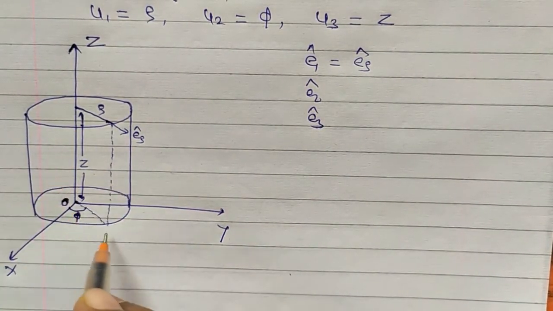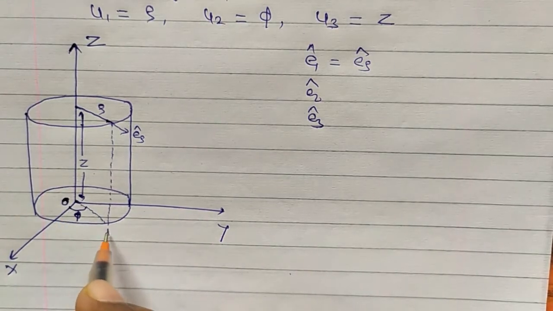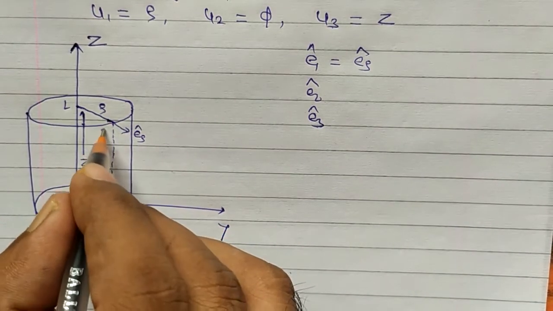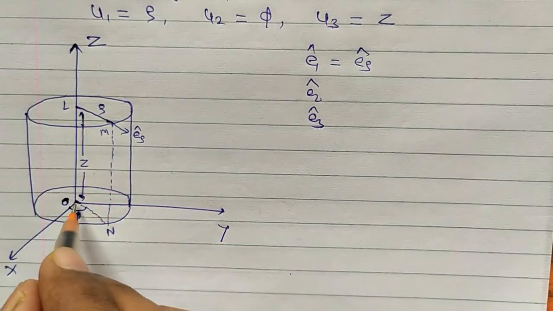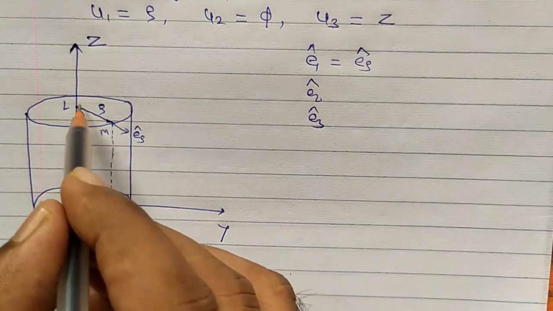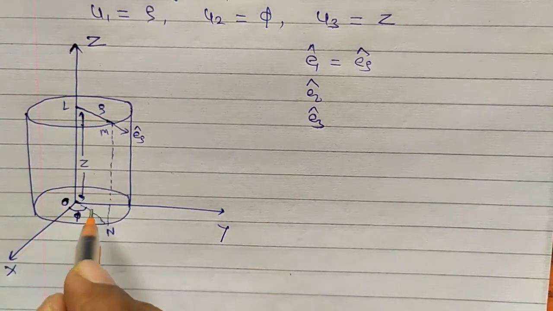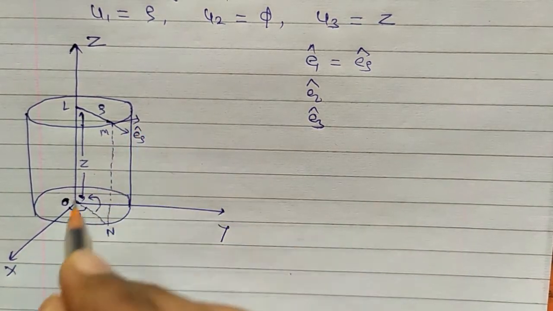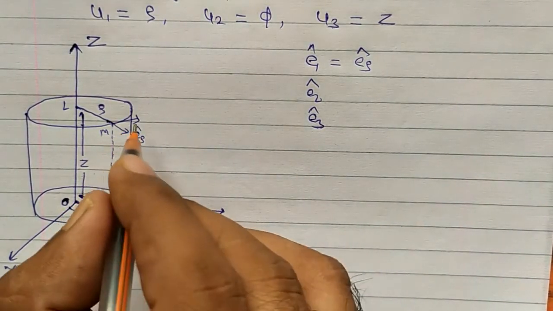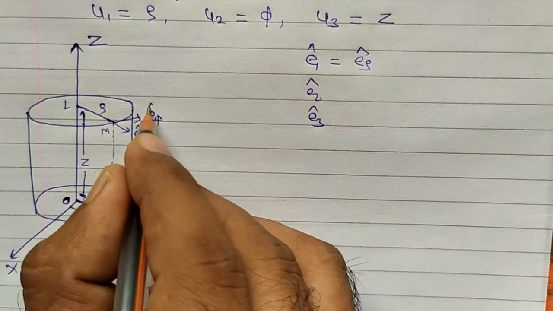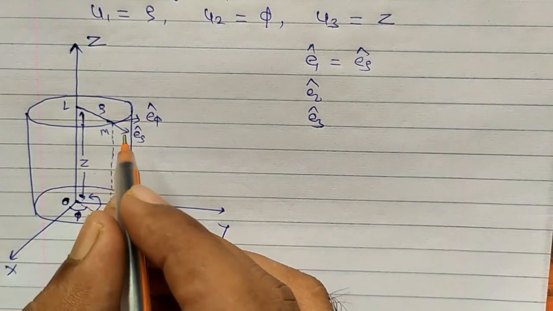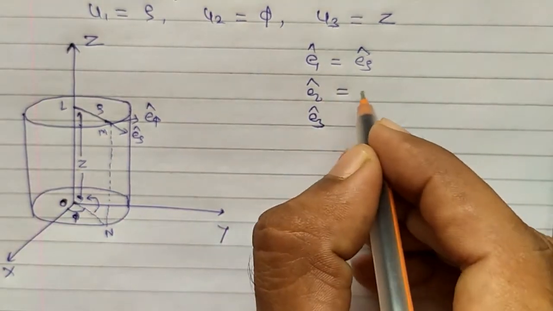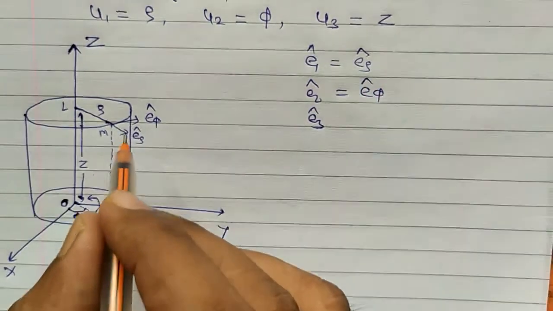Similarly, if I name this plane O, M, L, and suppose this is M, then you can see this plane can rotate around this z-axis. So it can go like this, right? So this is the direction of increase of phi. So I will call that E phi cap. This is a unit vector which denotes in which direction phi is going to increase. So this is E phi cap, the second unit vector.